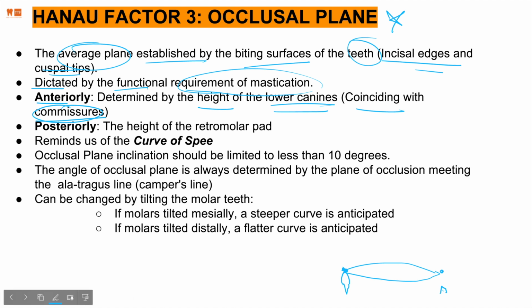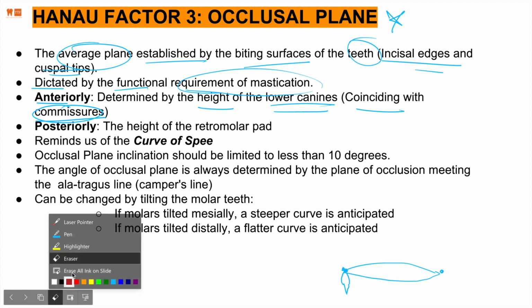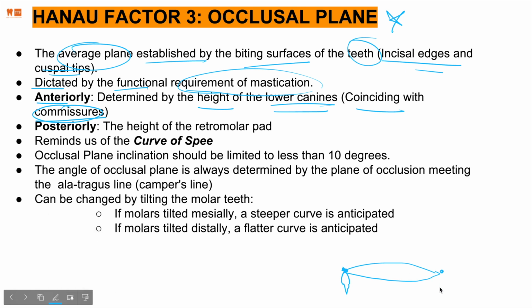Fun fact, eh? Very important to remember though, that the mandibular canines are exactly at the corner commissure, and that's how the anterior occlusal plane is determined. But posteriorly, it's the height of the retromolar pad. So if you're looking at it like this, the retromolar pad is somewhere around here.